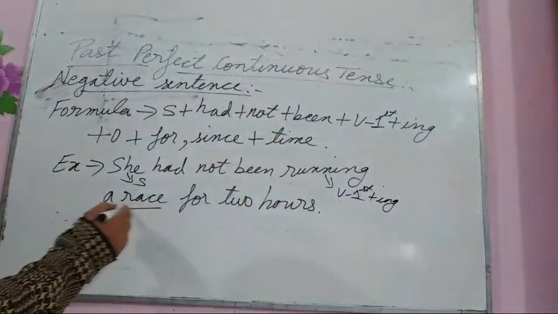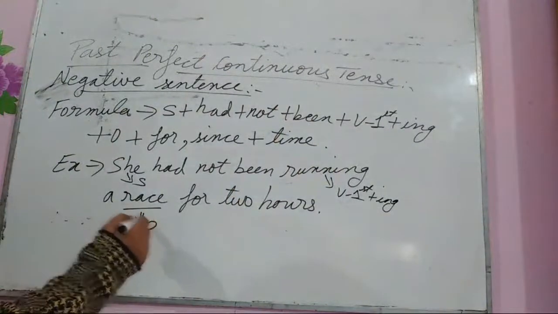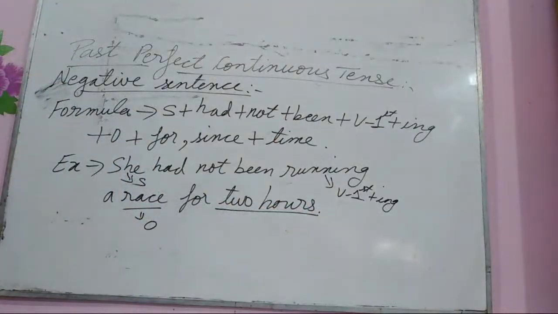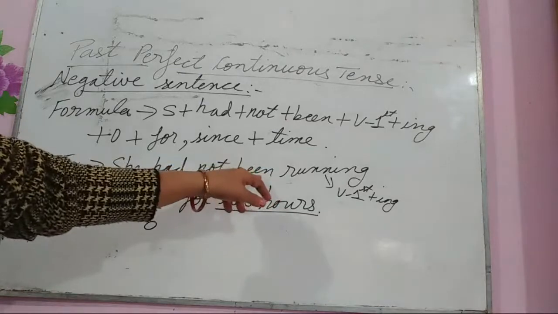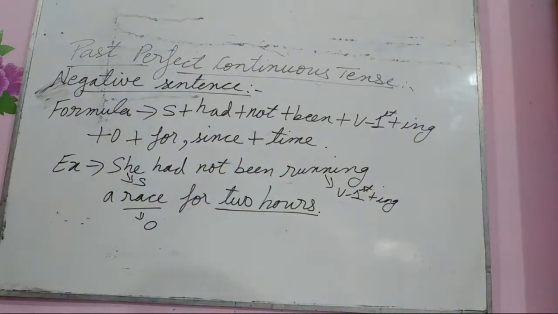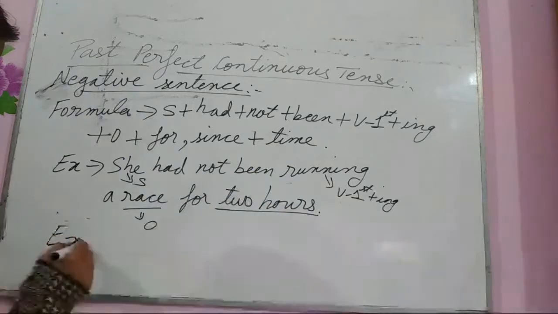A race, here race is the object, and for 2 hours, here 2 hours tells you the time. So she had not been running a race for 2 hours. Now let's see the next example of the same.